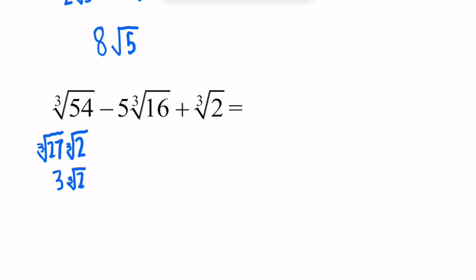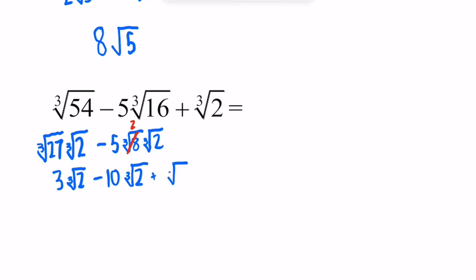For the next part, we have a minus 5 at the front. The cube root of 16, we can simplify by splitting it up into the cube root of 8 times the cube root of 2. And the cube root of 8 is 2. So negative 5 times 2, that part becomes minus 10 cube root of 2. The last part, there's nothing we can do with it.